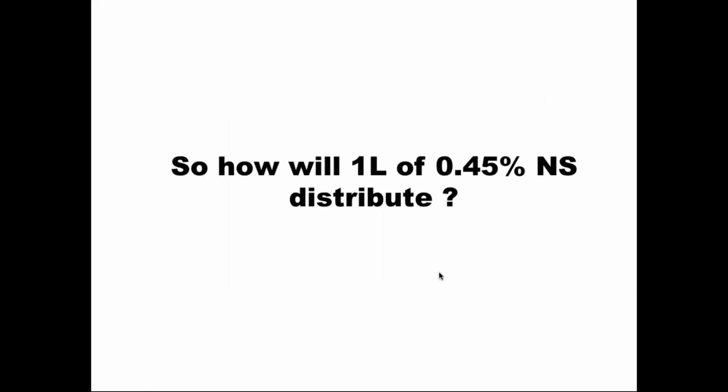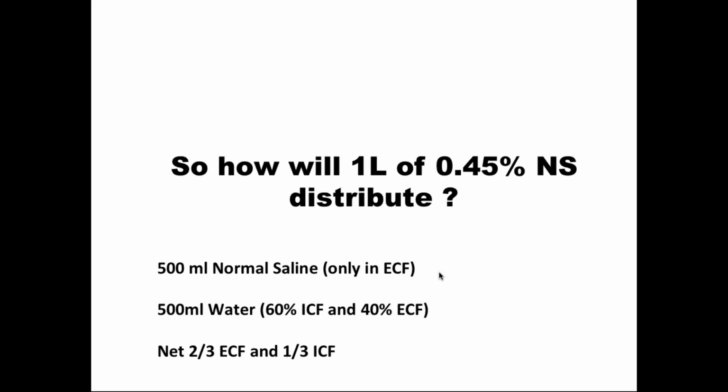So now let's think about how 1 liter of half normal or 0.45 normal saline will distribute. We need to think about half normal saline as being made up of two fluids: 500 ml of normal saline, which will only remain in the extracellular compartment, and 500 ml of water, which will distribute like water distributes, 60% in the intracellular compartment and 40% in the extracellular compartment.